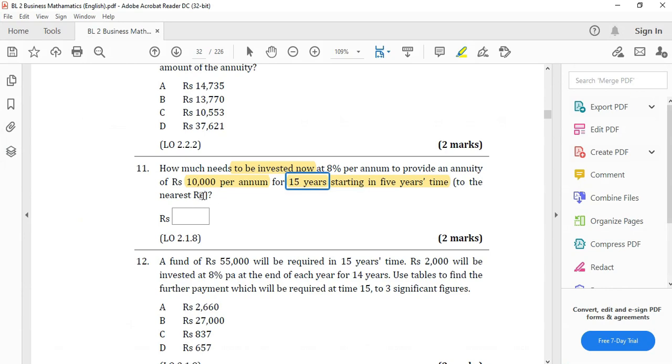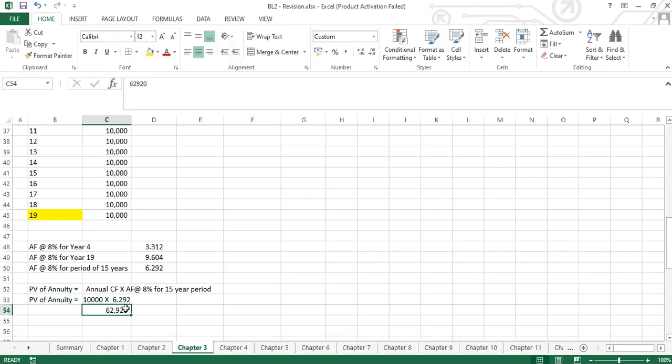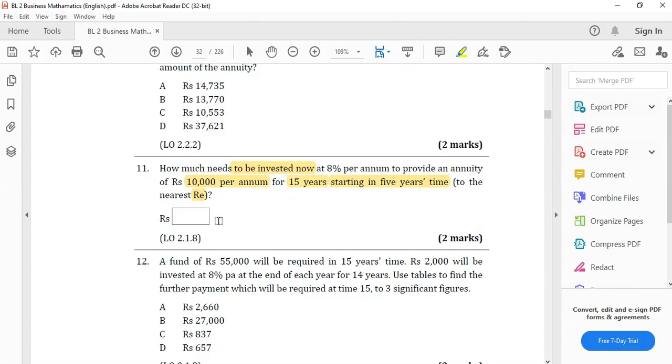Okay, so they've asked for the nearest rupee. The nearest rupee is actually 0 here, so nothing else to round off, so it's fine. You can give it as 62,920.